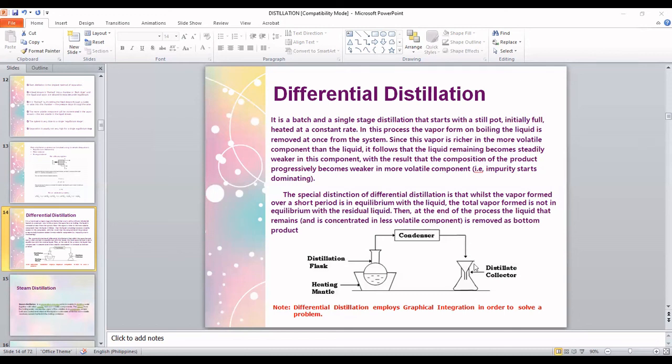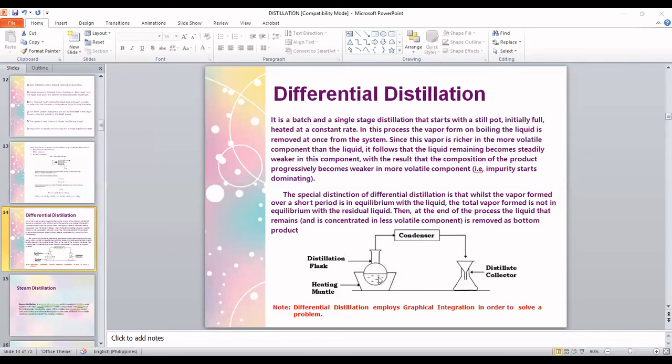Now, this collected liquid here will never be in equilibrium with the residual liquid. All the more, the vapor that leaves this flask and goes into the condenser to be condensed into liquid will never be in equilibrium with the residual liquid.